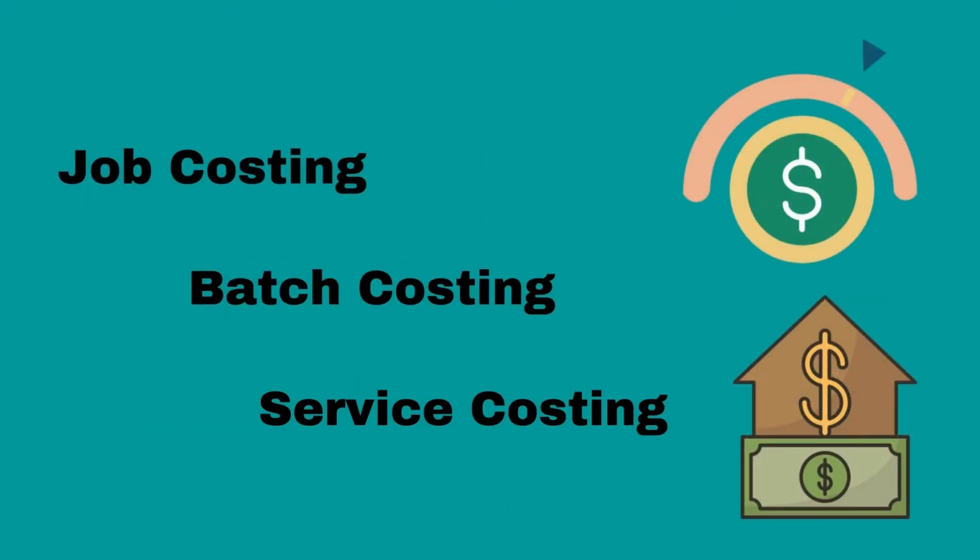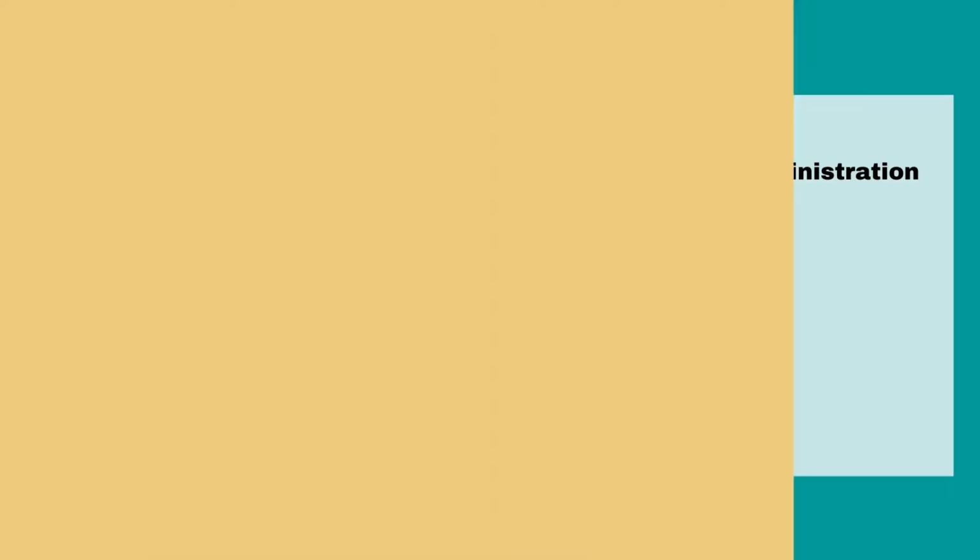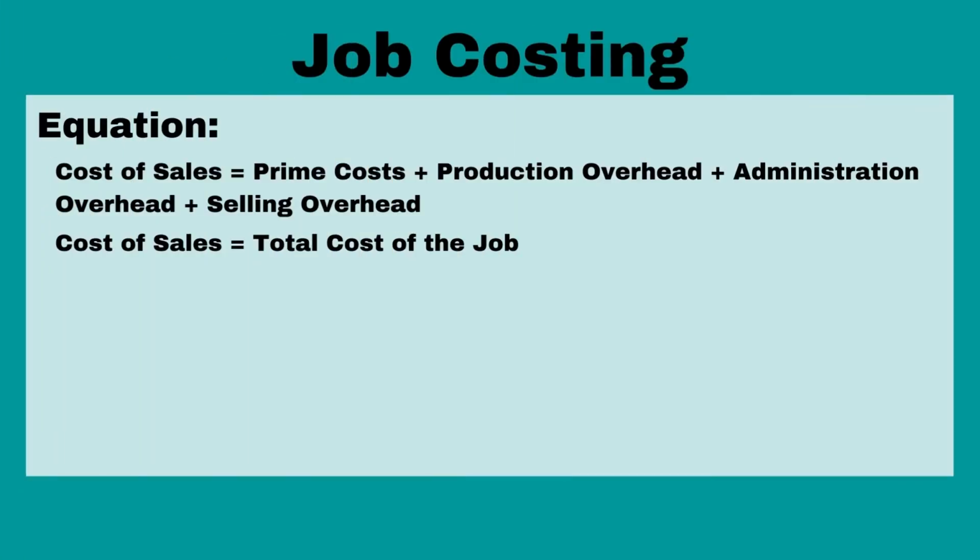Now, let us look at the calculations of job costing, batch costing, and service costing. First is job costing. Job costing has the equation of cost of sales, which is the total cost of the job, equal to prime cost, add production overhead, add administration overhead, and add selling overhead.